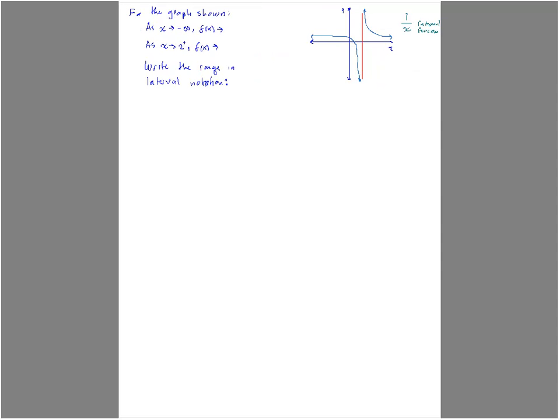So as x becomes a very, very small number, negative infinity, which is over here on this side, the function, this guy, approaches a certain value.